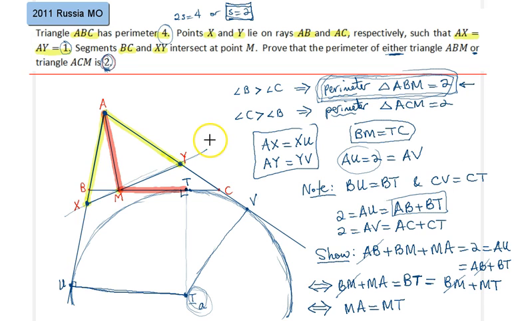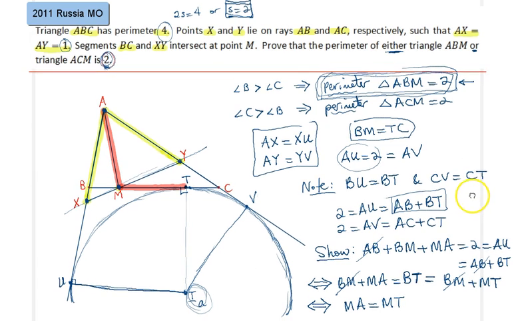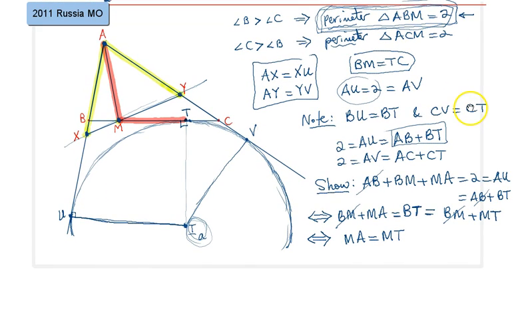But if that's the radical axis, and knowing that M is on that radical axis, it means that the power of point M with respect to those two circles must be equivalent. So therefore, let me write it down, slide the page slightly here. So we're almost done actually.